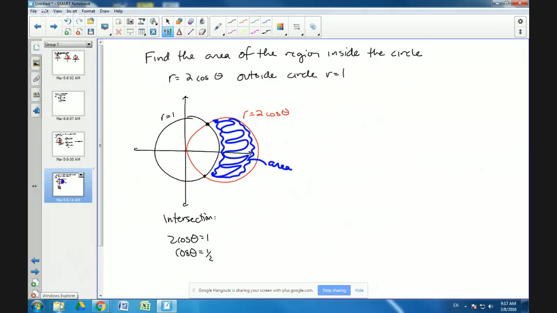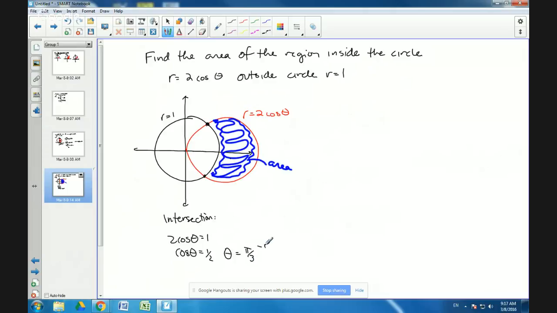One of those two: pi over 3 is one of them, and that would be negative pi over 3. We're going to go with negative pi over 3 since we want to do this direction.